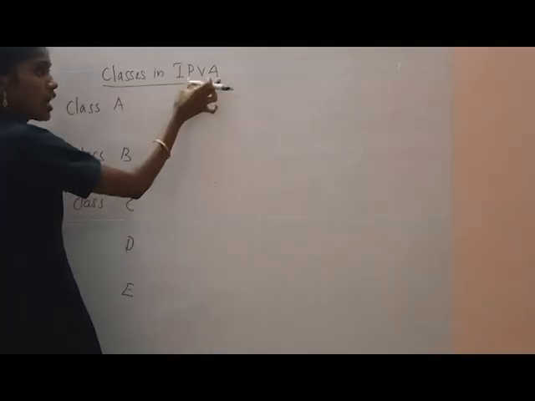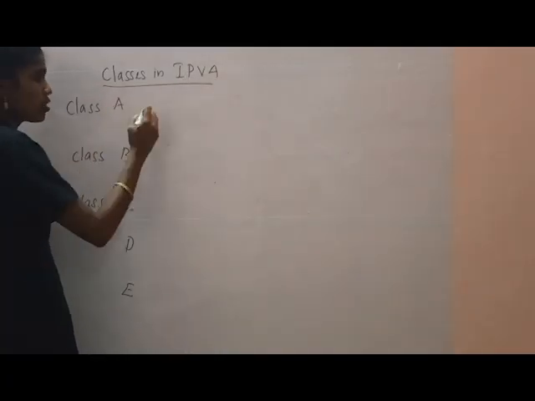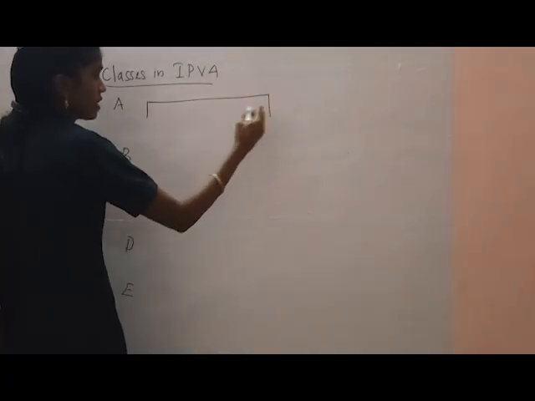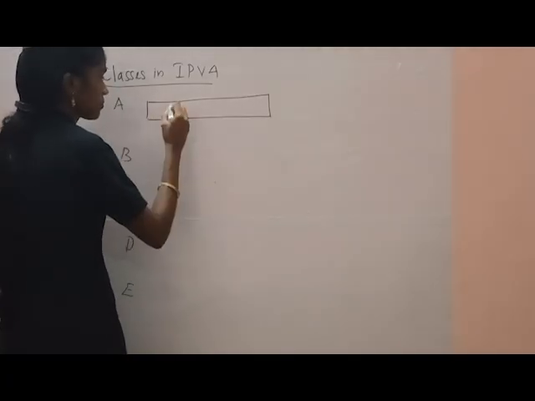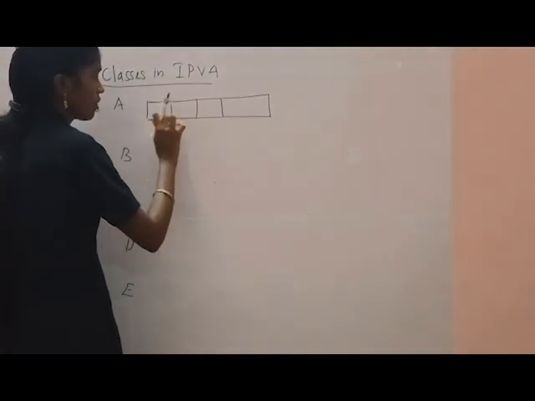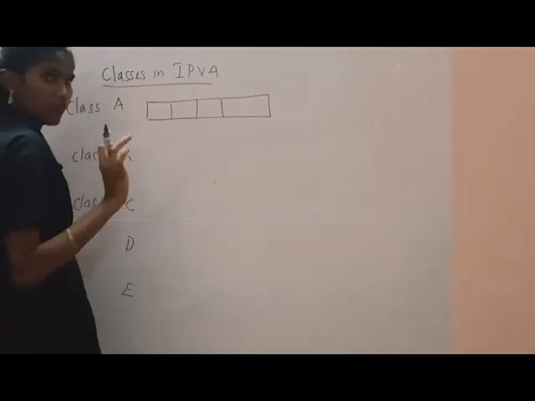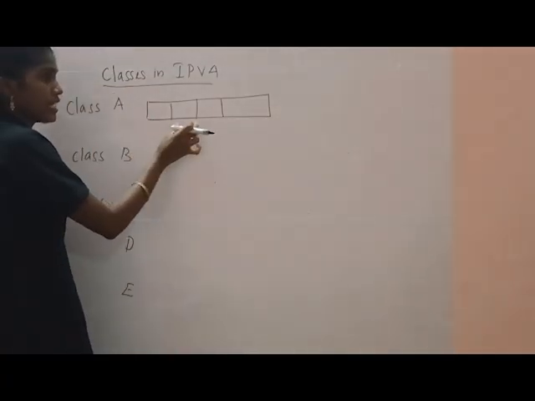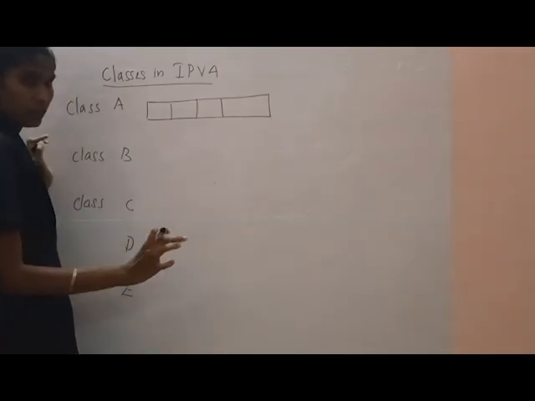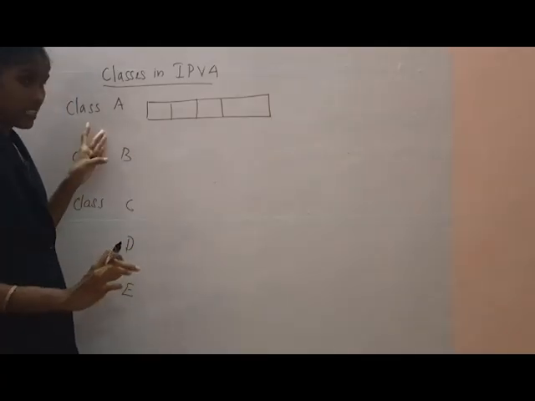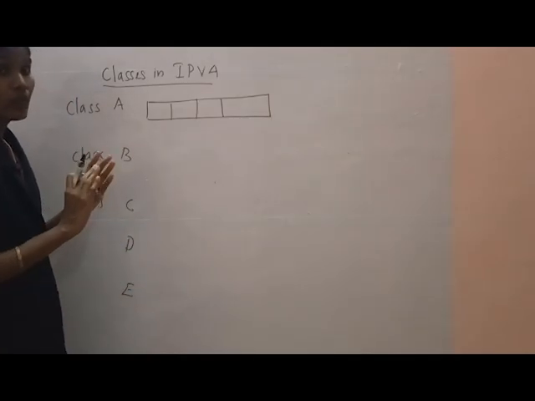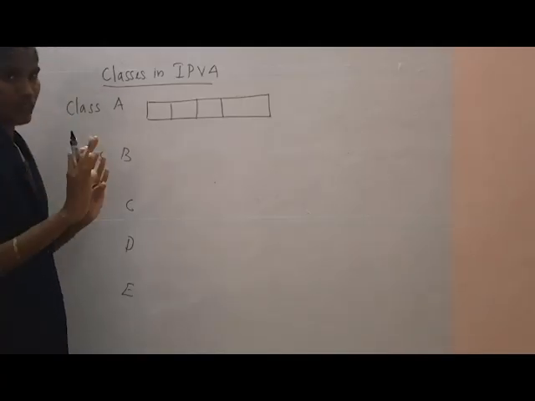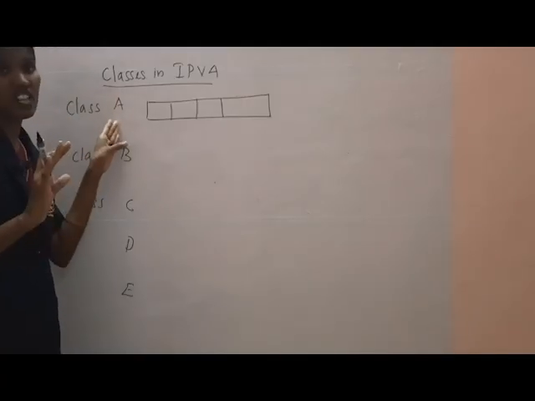So you already know IPv4 has 4 groups, so I consider them as 4 parts. 1, 2, 3, 4. 4 groups that are equally classified. Each one has 8 bits. Now, in Class A, it can have a large number of devices. That is, it is a large network.